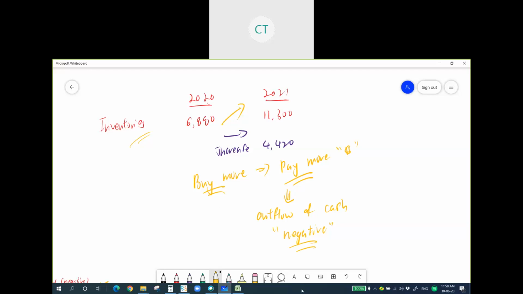Yes, very good. So negative 4,420, we record in the statement of cash flow. All right, you can have a look again. All right, let's move on.